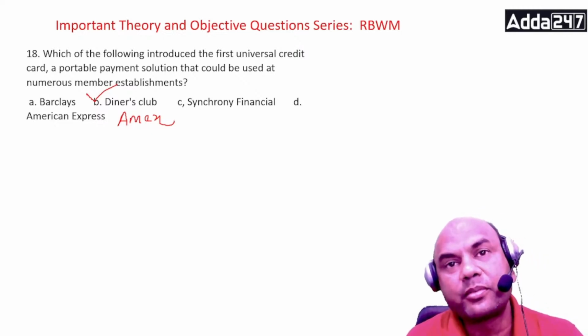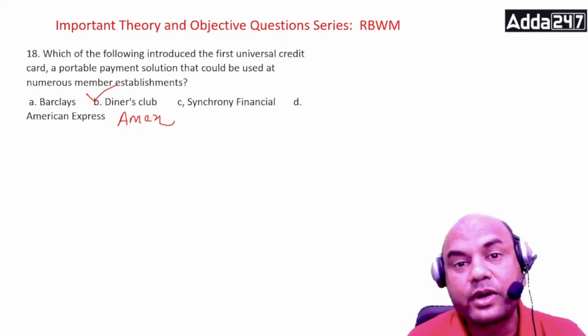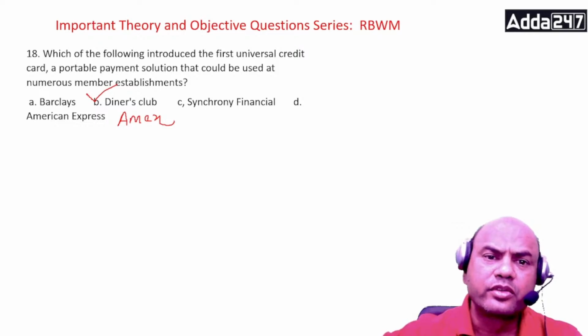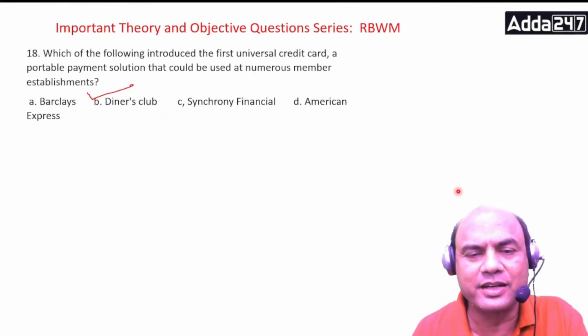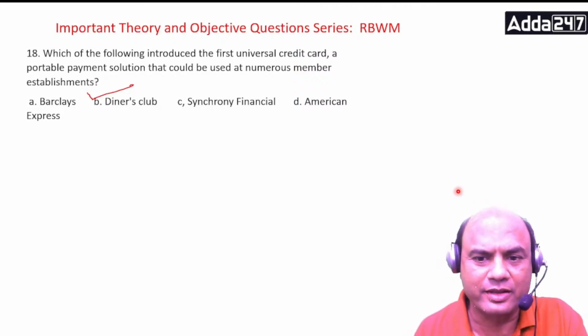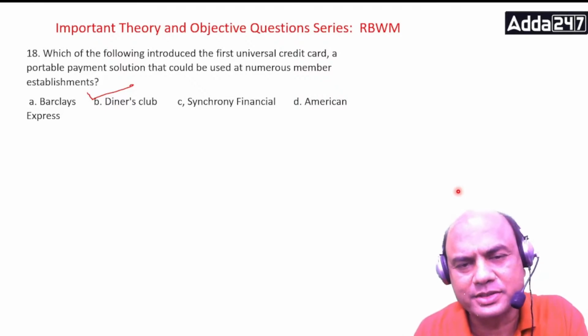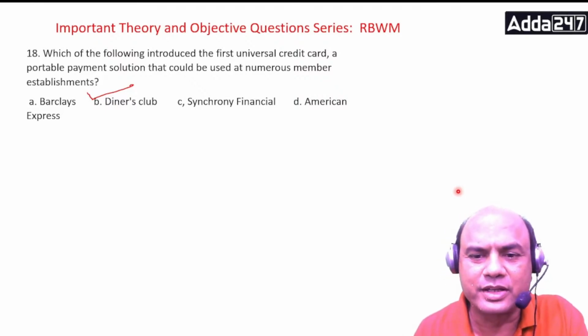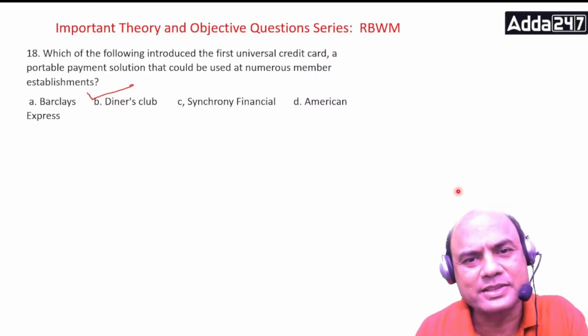They now had the freedom to borrow against a line of credit. See here, credit card is what? Line of credit. Means some loan is given to you. So I can buy up to that loan, isn't it? A credit card is a loan, to be frank. Means you have to pay it back, otherwise you will be charged heavy interest, the annual rate. Nowadays we have these contactless cards.